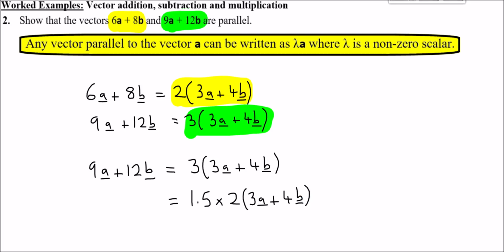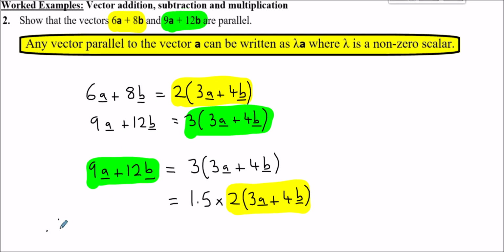So what I'm trying to say here is that 9a plus 12b is a multiple of 6a plus 8b, because 6a plus 8b I can rewrite as 2 lots of 3a plus 4b. And so this vector here is just some multiple of the other one. So we can just conclude by writing this out.